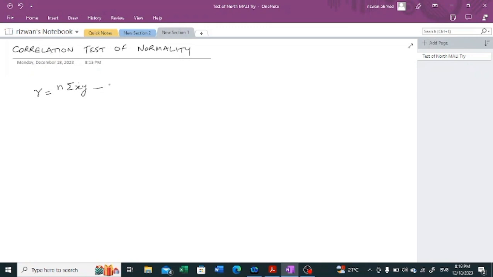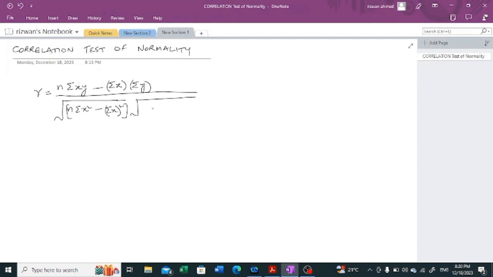In the numerator, we take the covariance of x and y, divided by the square root of the variance of x and the square root of the variance of y, that can alternatively be referred to as the standard deviations of x and y respectively.